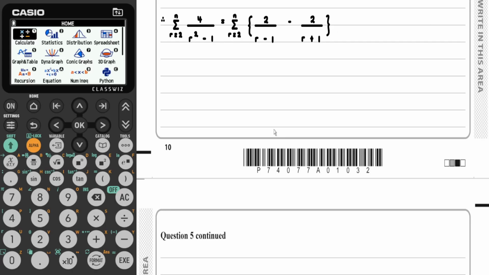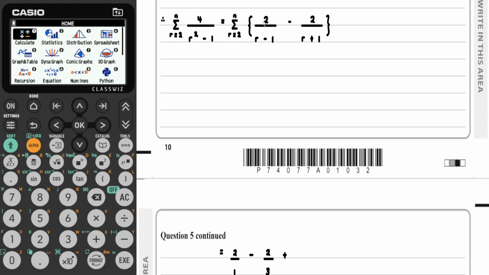When we come to work with the method of differences, we have to substitute in values from r equals 2 to r equals n and add those together. Beginning with r equals 2, we would have 2 over 2 subtract 1 subtract 2 over 2 plus 1, so that will be 2 over 1 subtract 2 over 3.